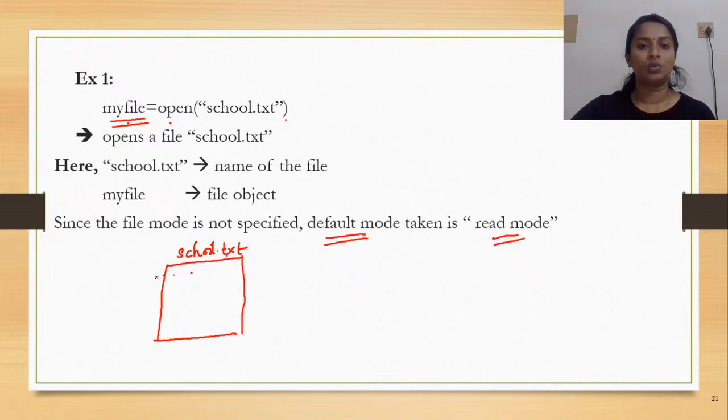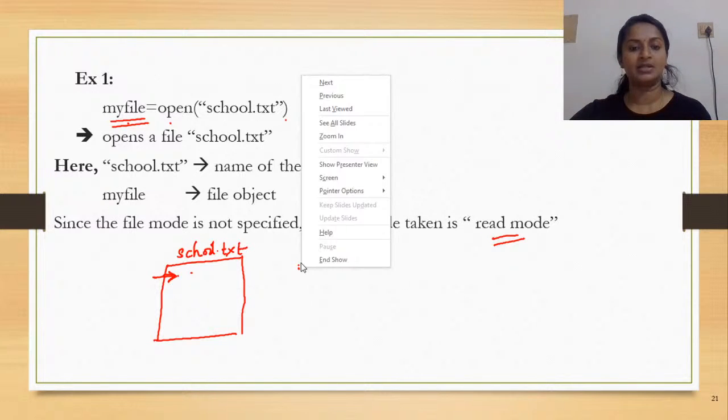My file is a variable which is a handle or the object which points to the starting location of the file. Is the idea clear? So what is my file? My file is a file handle or a file object which would point to the starting location of your file. Okay, so let's see more examples to understand this better.